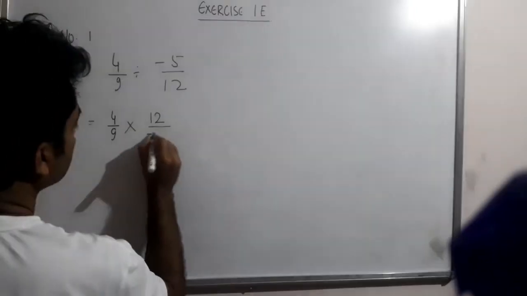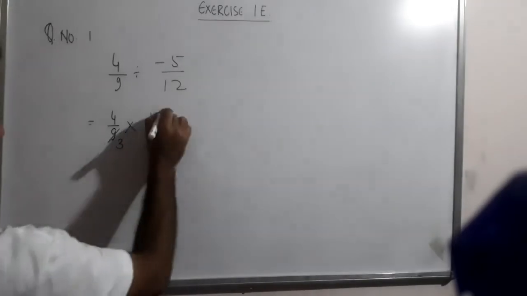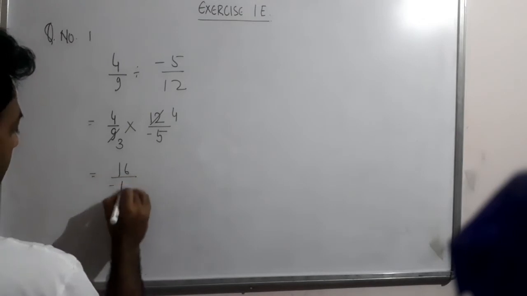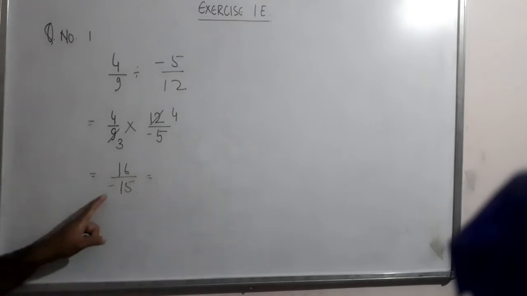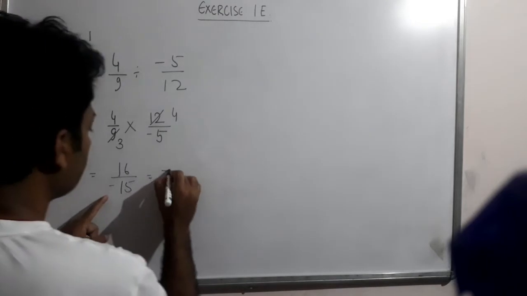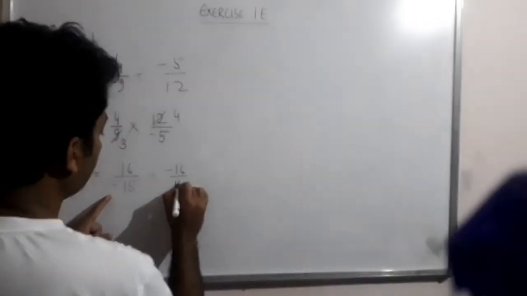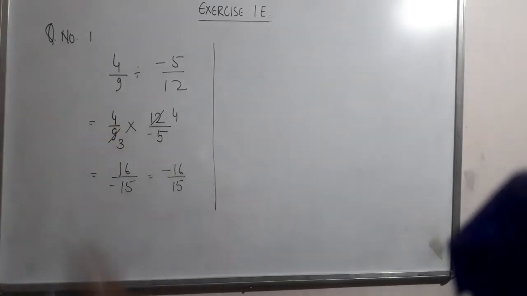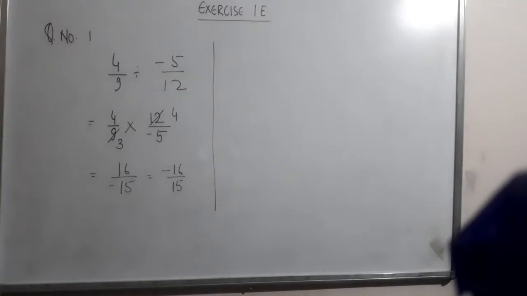The reciprocal of minus 5 by 12 is 12 by minus 5. Since it is not in the standard form, you will have to write 16 by 15. This is question number 1, 4 by 9 divided by minus 5 by 12.